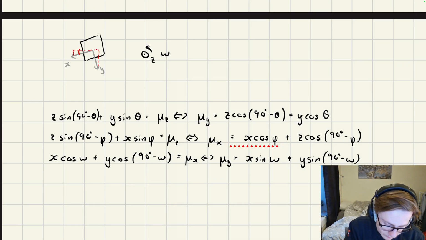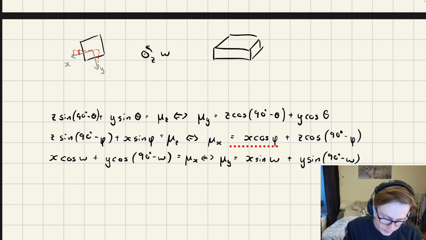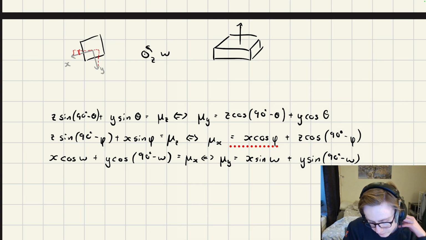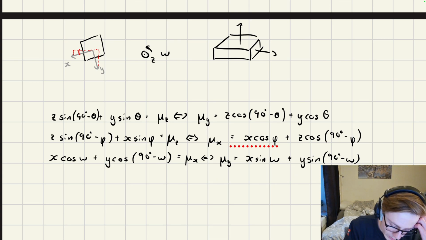Let's say we have the device sitting on the floor like this, such that everything is in the Z direction. That would imply no X rotation and no Y rotation.